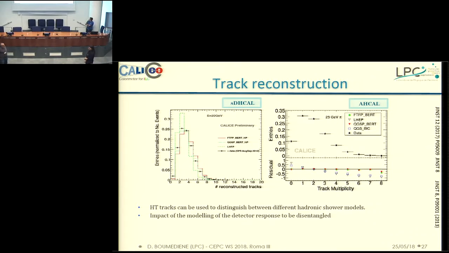Either in a jet or in a hadronic shower, it's very dense, so you really have to clean before you start. In addition to this, here it was for the prototype without magnetic field, but we developed also to apply the Hough transform within the magnetic field because you have spiral tracks. So it's more sophisticated than that, and we are able to find these tracks. Okay.